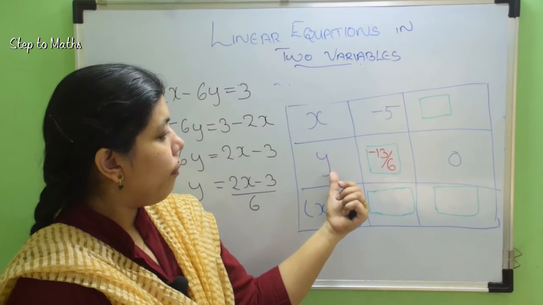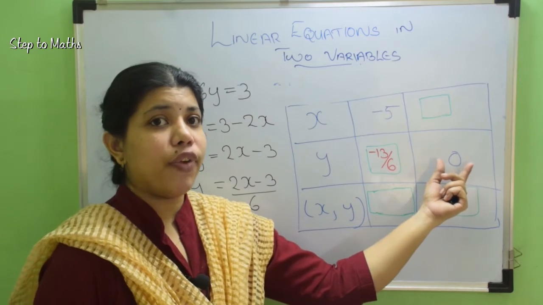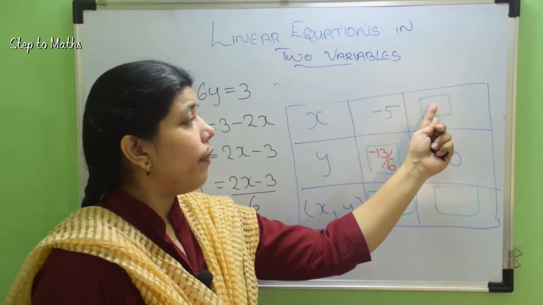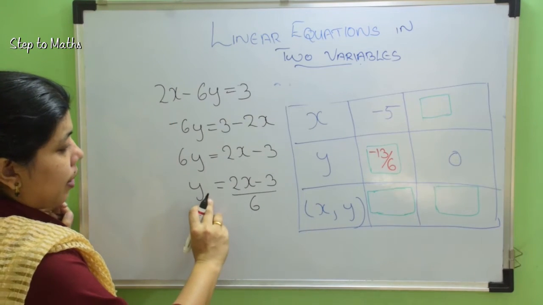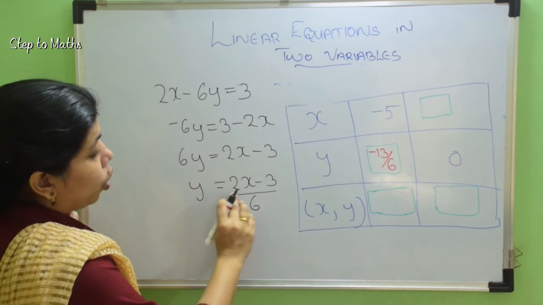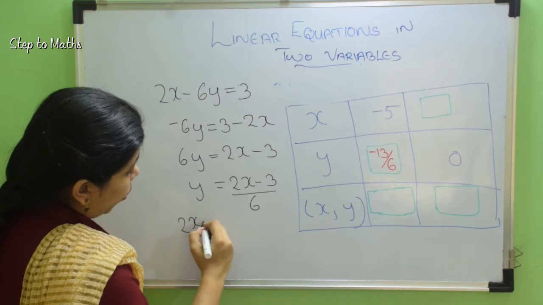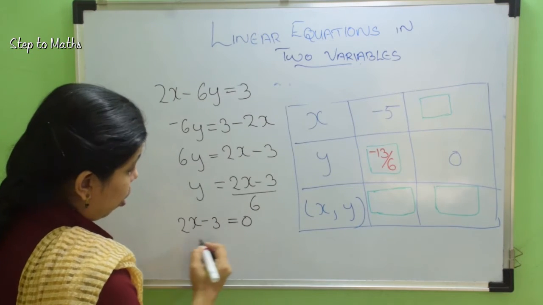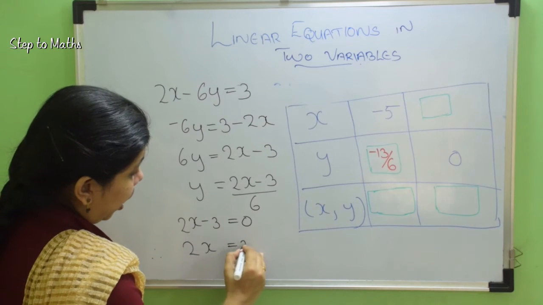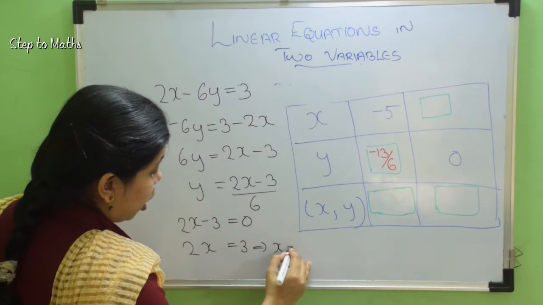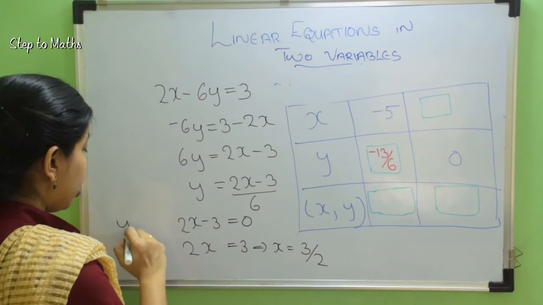Next, the value of variable y is given. When y is equal to 0, what is the value of variable x? If y is equal to 0, this equation y equal to 2x minus 3 upon 6 becomes 2x minus 3 is equal to 0. Therefore, we can write 2x is equal to 3, that implies x is equal to 3 upon 2.